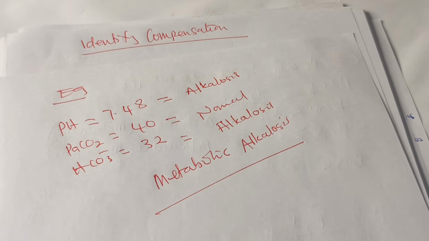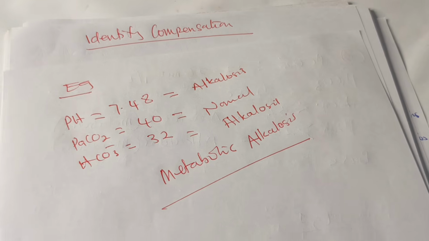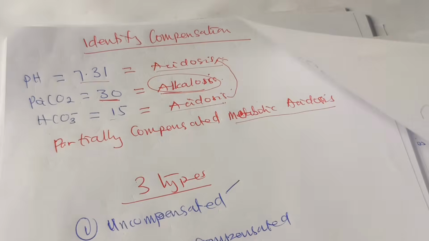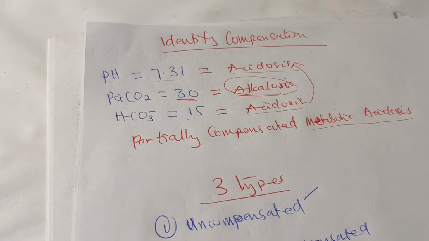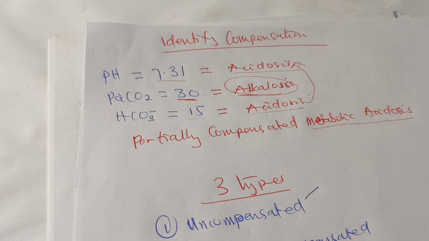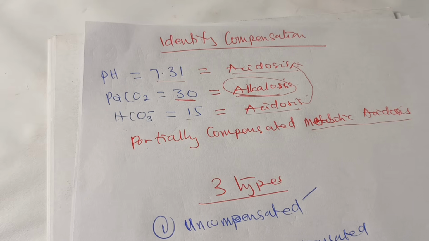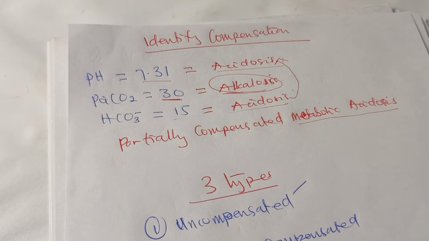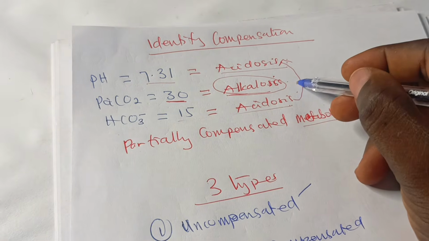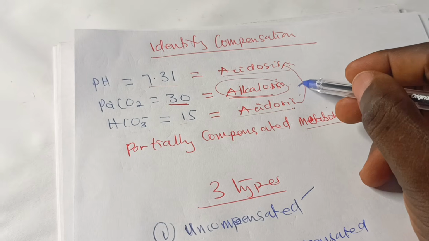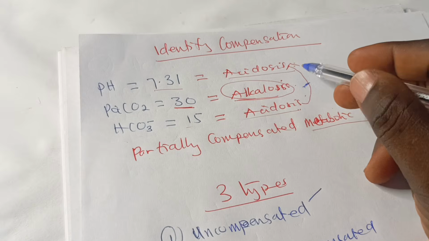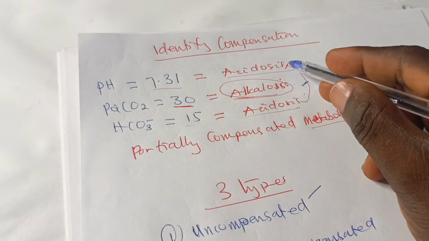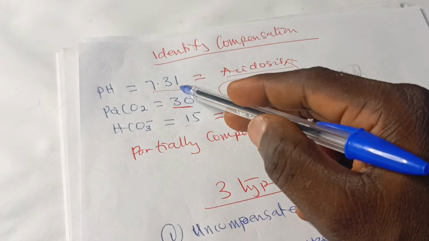What about the partially compensated? The partially compensated is the example we just did. Here, the pH will still be abnormal. In partially, the pH will still be abnormal, but the other system is responding. So you see here, the carbon dioxide is responding, is trying to solve the problem. But has it solved it? No, because the pH is still abnormal.